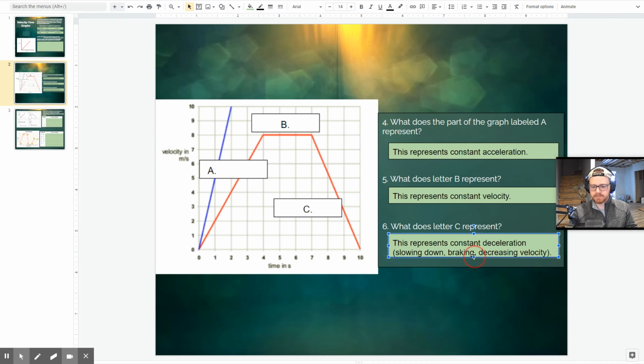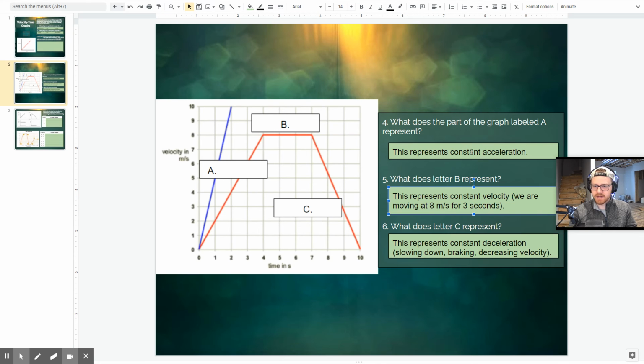Okay. And actually, let's go back and add some parentheses to finish the thought. So this represents constant velocity. We're moving at 8 meters per second for 3 seconds. That's what's happening.